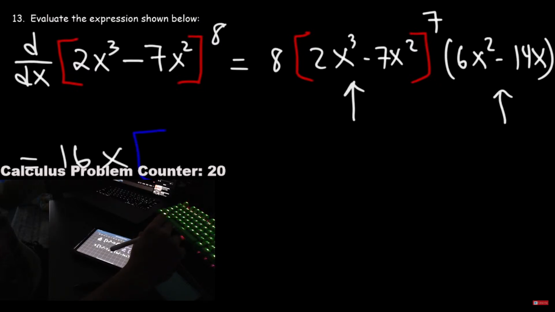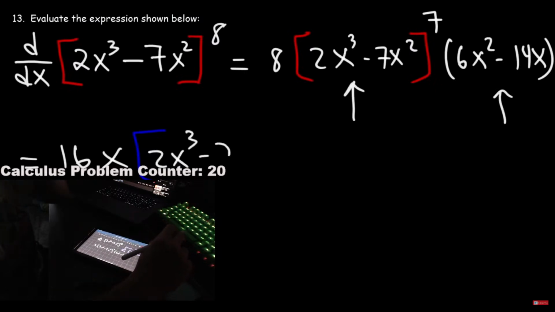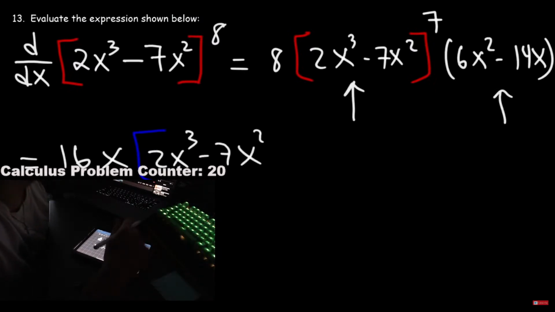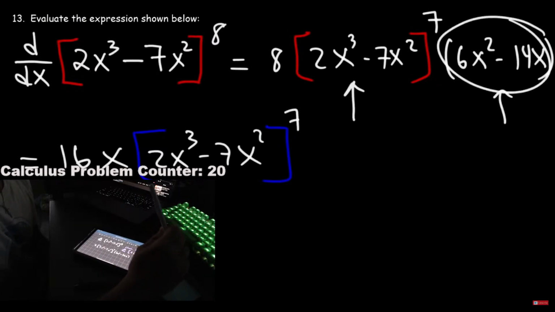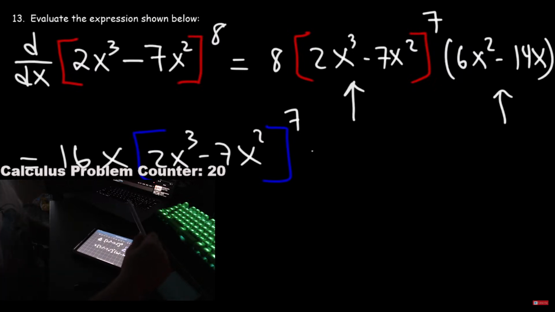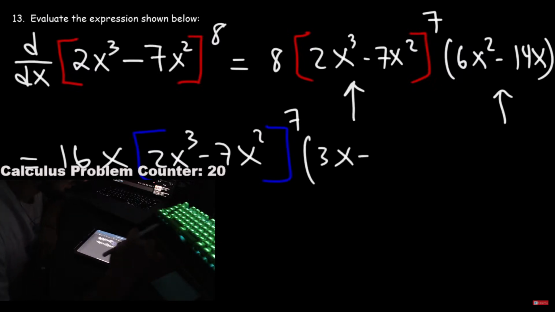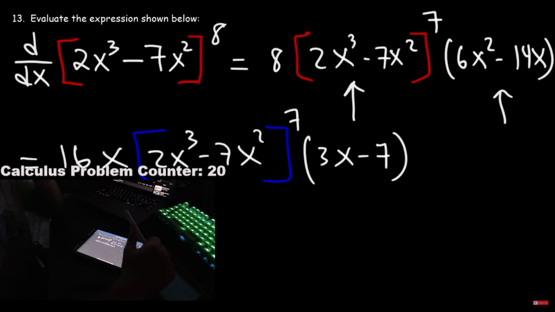And then we have 2x cubed minus 7x squared raised to the 7th power. And now that we've taken out 2x, we need to divide everything down by 2x. 6x squared divided by 2x is 3x. Negative 14x divided by 2x is negative 7. So you could leave your answer like this if you want to. So that's how you could use the chain rule.